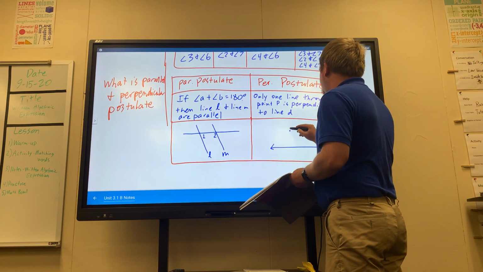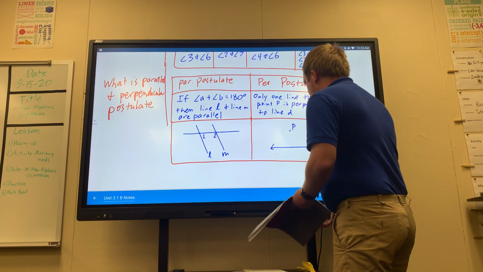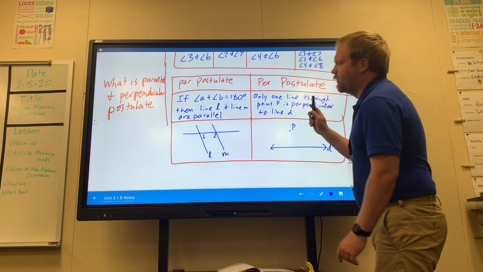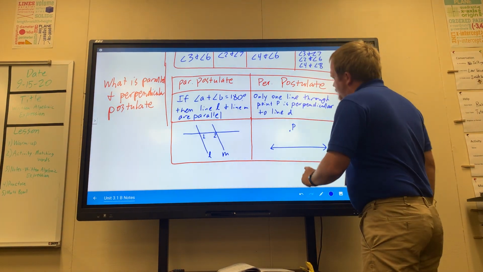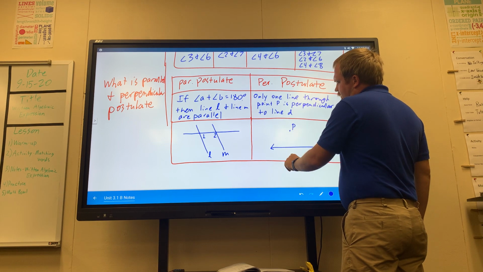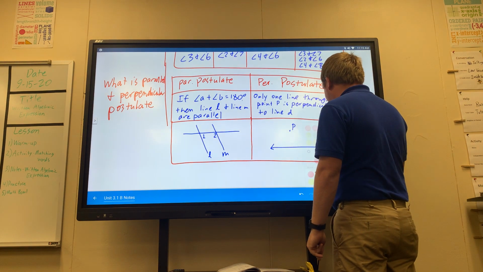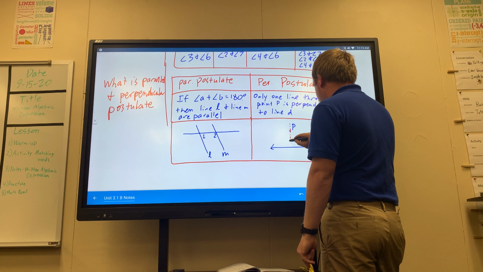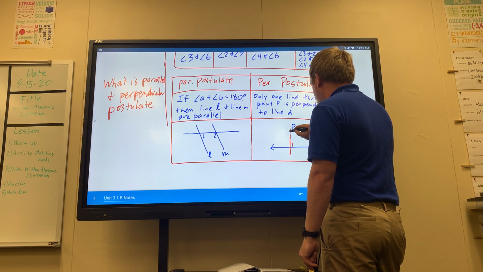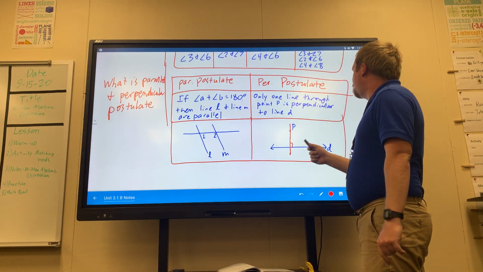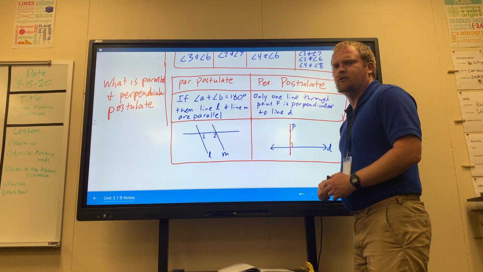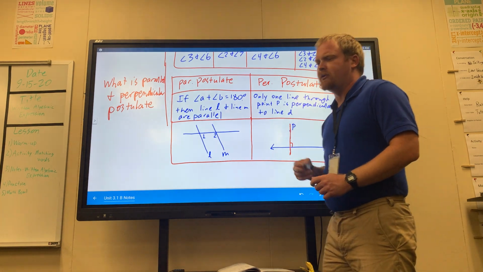And I have point P. Now, there is only one line, and I mean one line only, that if I draw through point P, and I want to draw it in red, that makes it perpendicular. Only one line through P can be perpendicular to line D. Okay? And that's what gives us perpendicular postulate.